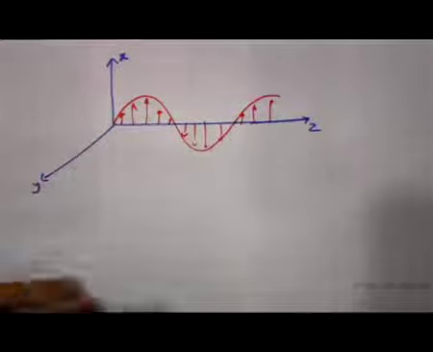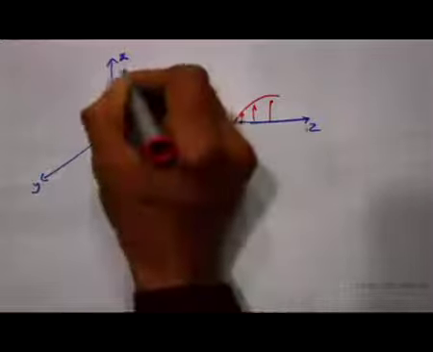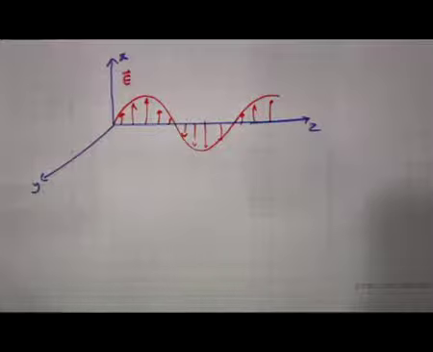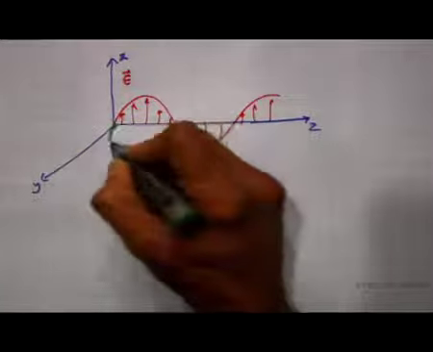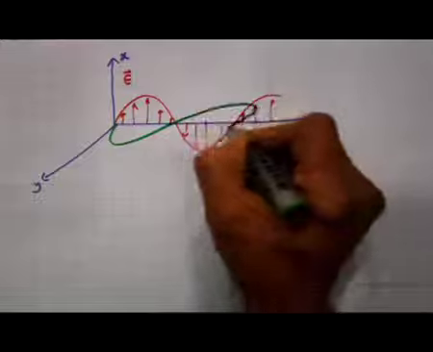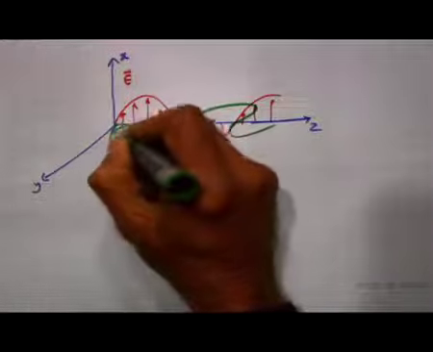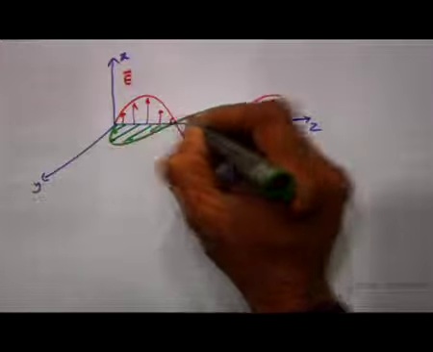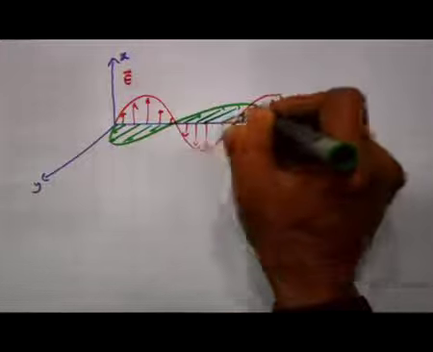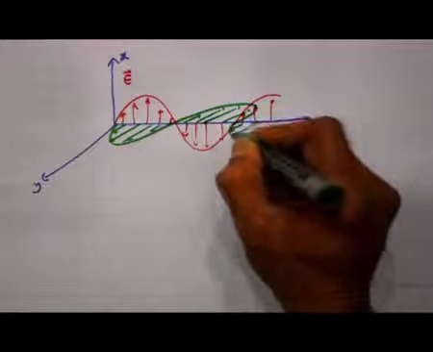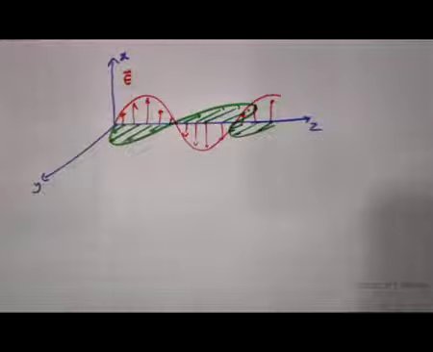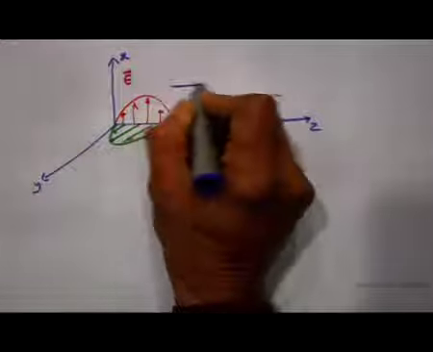So, the electric field is pointing in the x direction, and the corresponding magnetic field I had drawn like this. The magnetic field vectors are perpendicular to the electric field vectors. As the figure shows, the wave is propagating in the plus z direction.